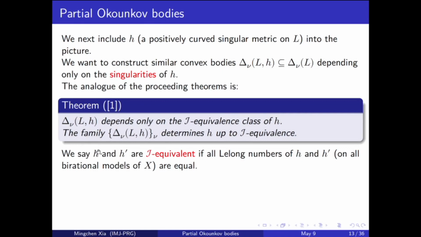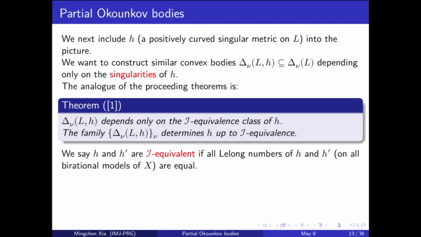We consider two different positively curved singular metrics h and h' on our line bundle L, and we say that they are I-equivalent if all their Lelong numbers are equal. I-equivalence is a way to characterize the equivalence between the singularities of h and h'.